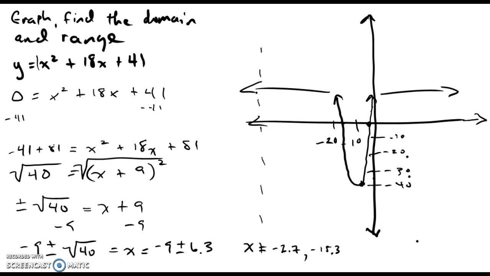So the domain is all real numbers, and our range is, like I said before, the minimum is at negative, what was the minimum? Negative 40. Did I write the vertex? I think I erased it, but anyway, our range is y is greater than or equal to negative 40.